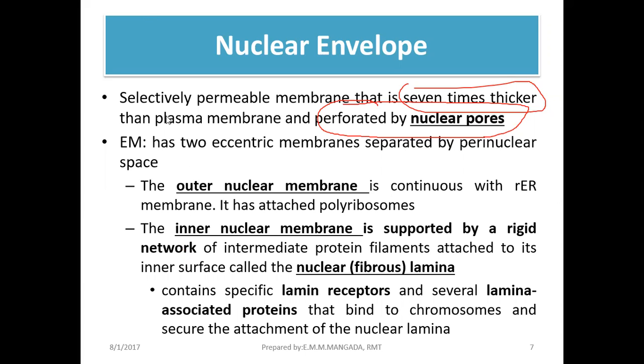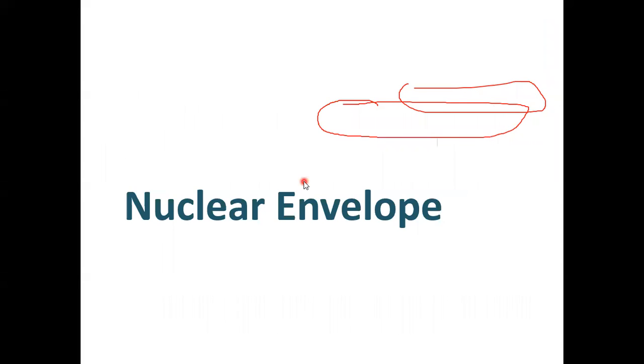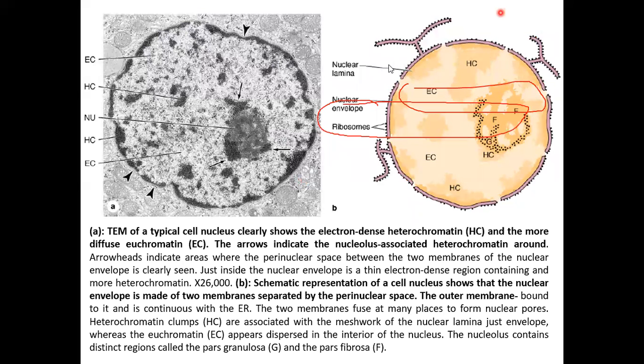Okay? So, ipapakita ko sa inyo itong mga structures na to. If you can see it here, ito sila guys, yung mga pinagsabi natin. Again, we have here the inner nuclear membrane, the outer nuclear membrane, and the space here is what we call your perinuclear space.